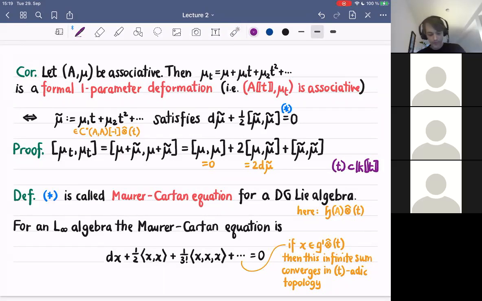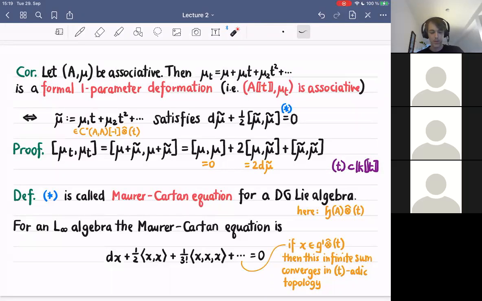So like this. And the generalization to an L-infinity algebra is that you take higher and higher brackets like this. And so in this context, you have to think about when this equation makes sense at all, because it's an infinite sum.